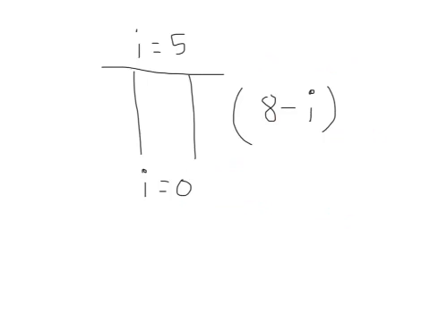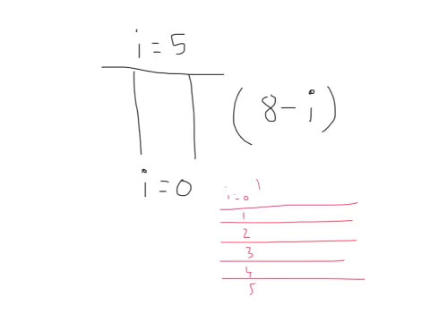So in this particular problem, we have I values from 0 to 1, 2, 3, 4, 5, and these I values will generate our factors, which we're going to multiply together. So 8 minus I is the expression that's going to generate my factors, and so when I equals 0, we have 8, and then 7, and then 6, 5, 4, 3.